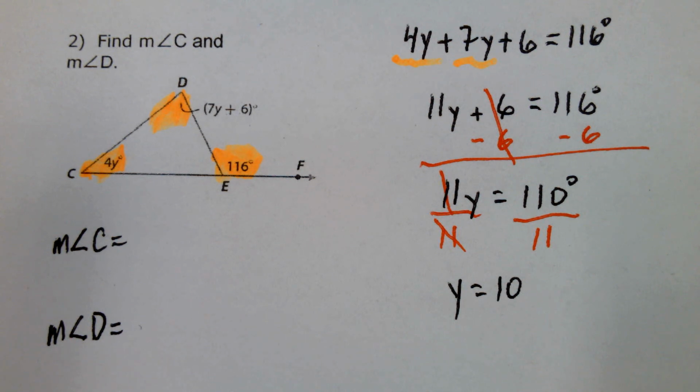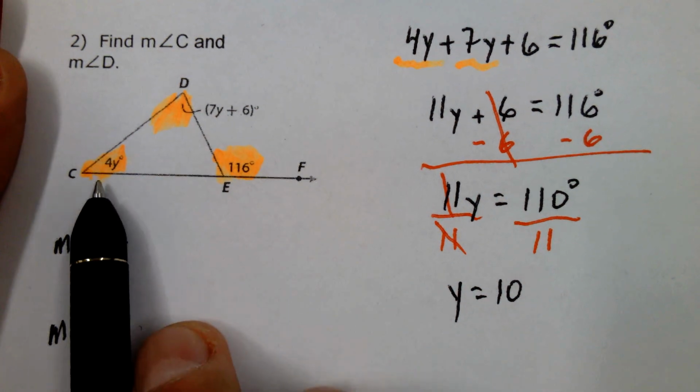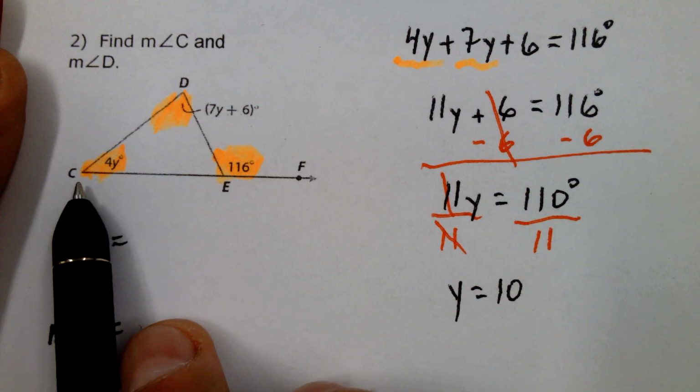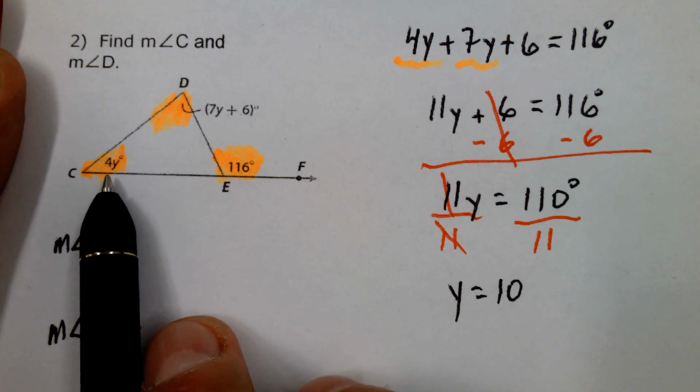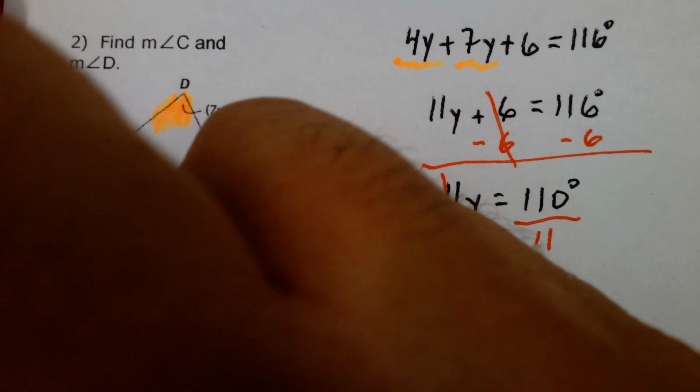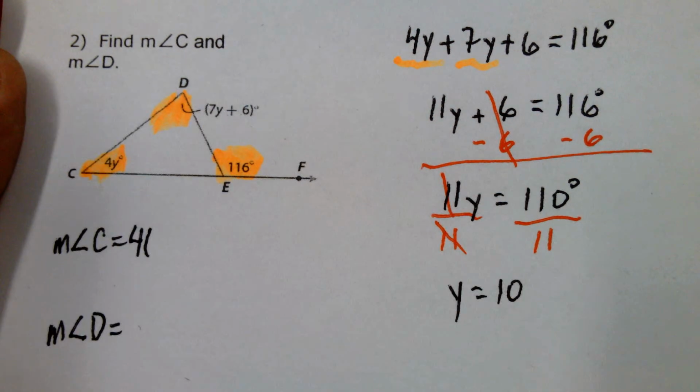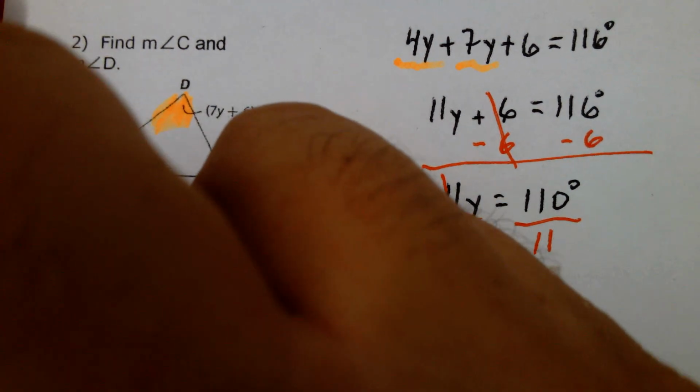So far what we found is that y equals 10. Yeah, remember, angle C is 4 times y. So couldn't we say this is 4 times 10? So it's 40 degrees.